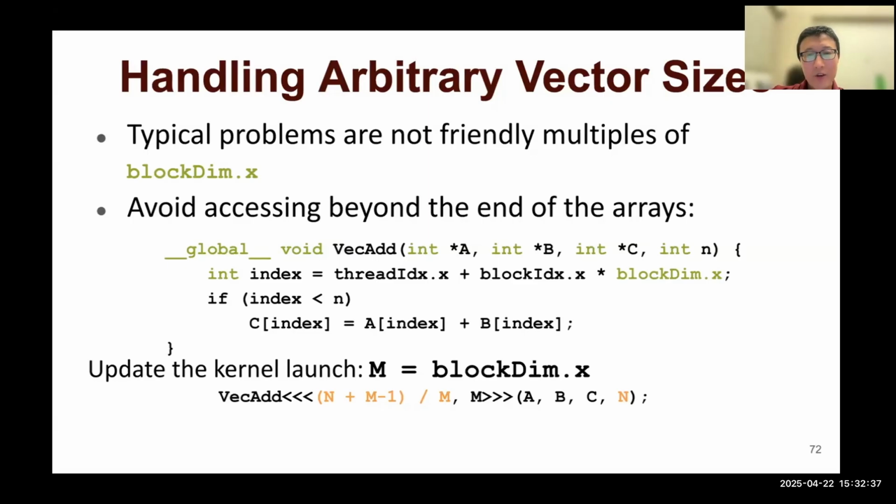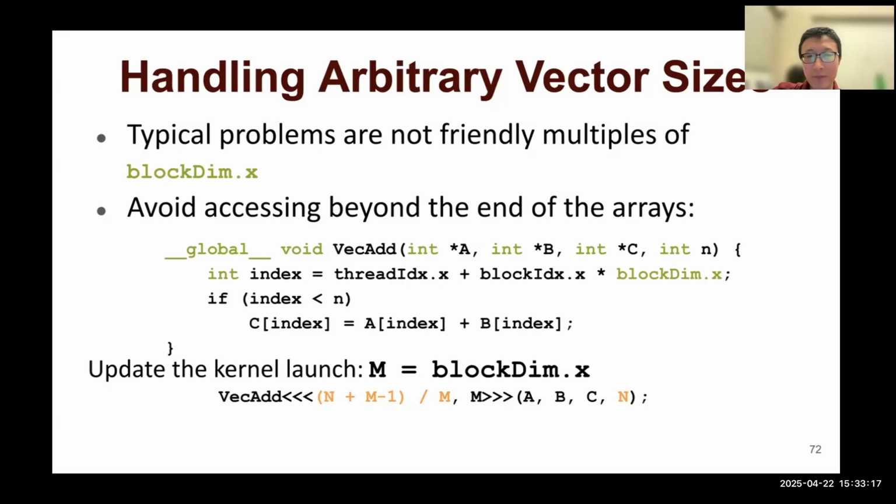Now the next thing is how to handle that for your kernel launch. The global function can do this individual thread operation properly, but how can I launch that to maximize my benefit, to make sure that all my GPU cores could be utilized? So assuming you have an arbitrary vector size, for the kernel launch, you first give the block dimension M here.